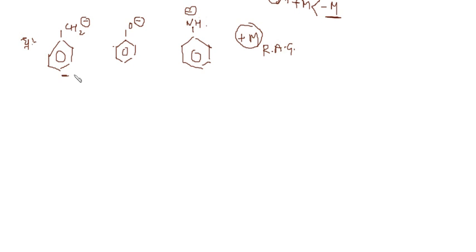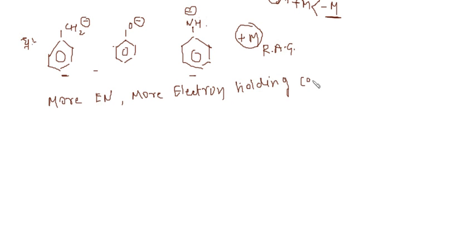Okay, we have three rings, 1 2 3. We have to see where electron density is more. So we have to check where the plus I order is more. We know the more the electronegativity, the more the electron holding capacity.